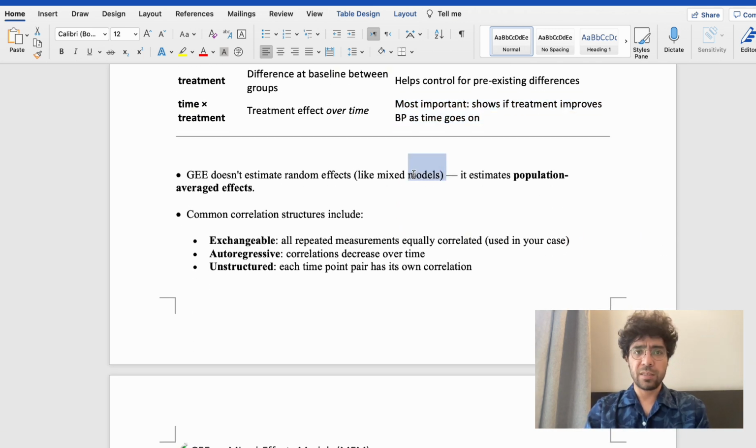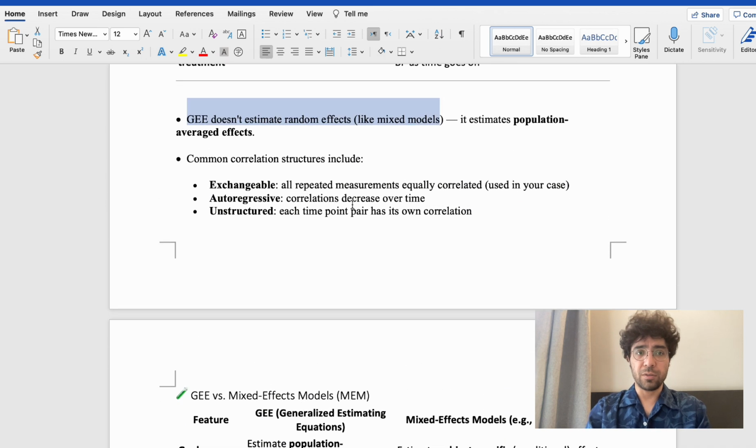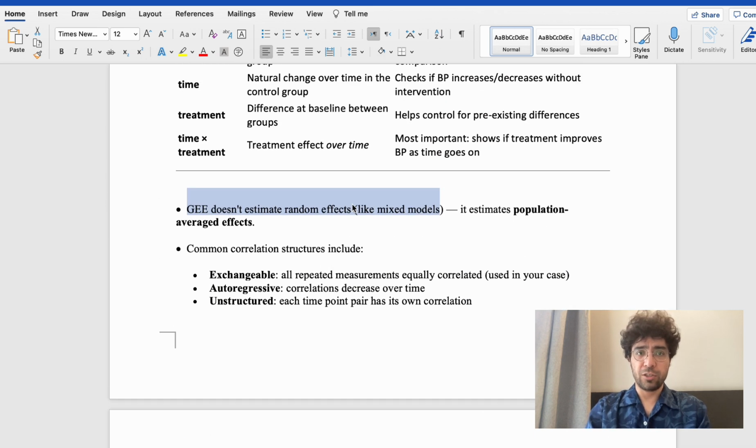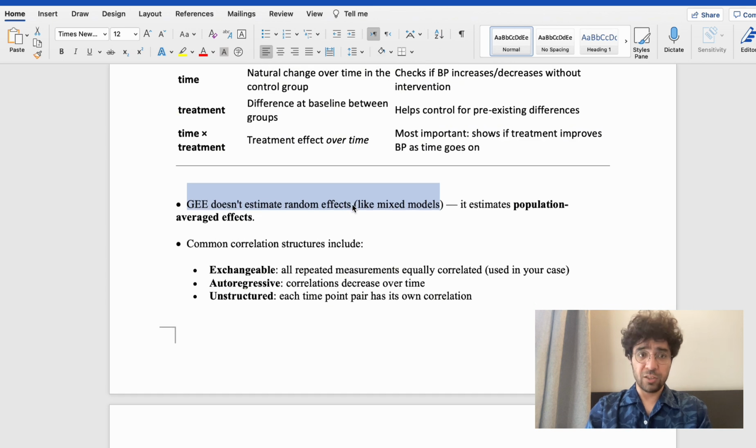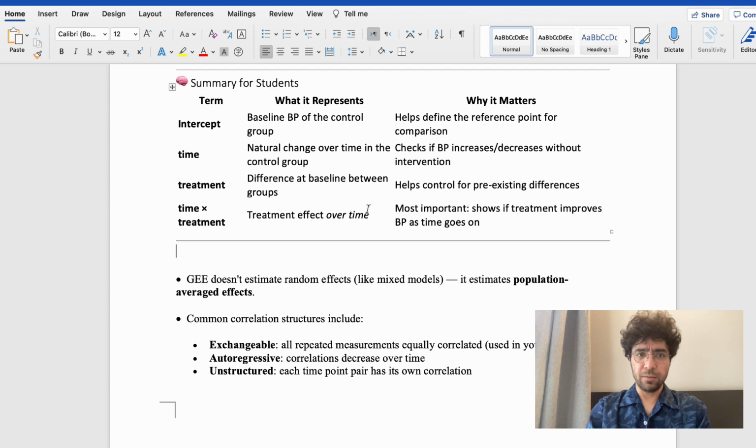GEE doesn't estimate random effects like mixed models. Maybe in another video I will explain a little more about mixed effects, if we want to change the correlation assumption that we had here.